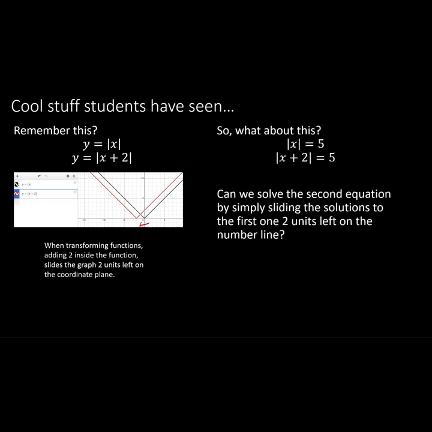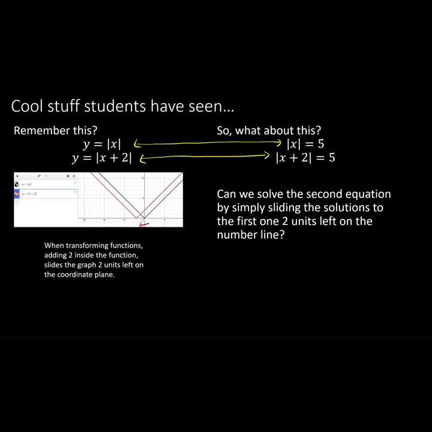We'll then introduce absolute value equations. So the student had already studied transformations, and now they were talking in class about solving the equations. And the student noticed that there seemed to be a connection between the parent graph and the simple equation, the absolute value of x equals 5, and the transformed function and this variation on the equation, the absolute value of x plus 2 equals 5.